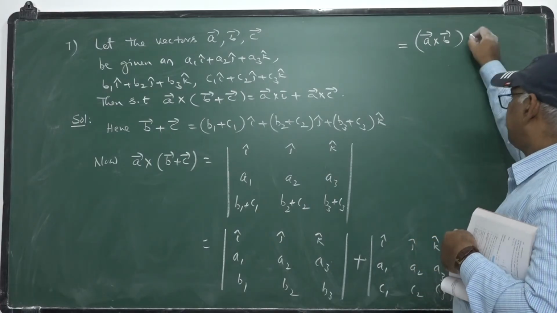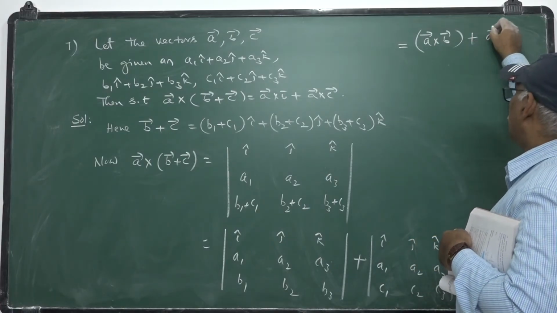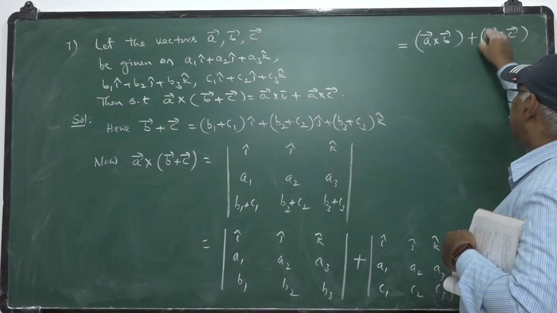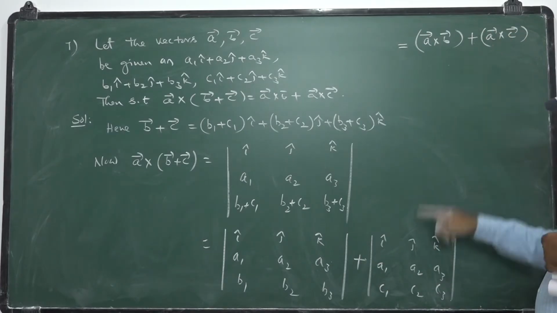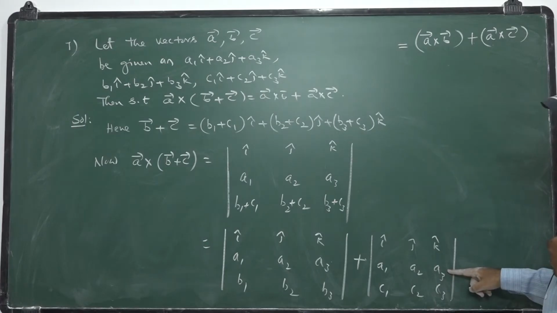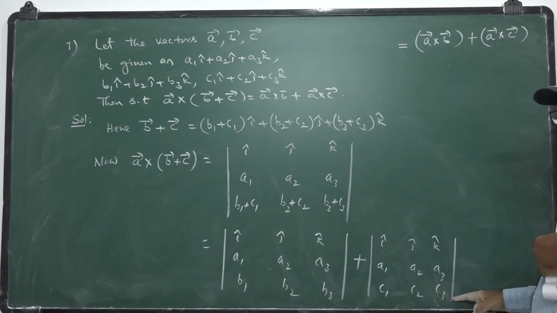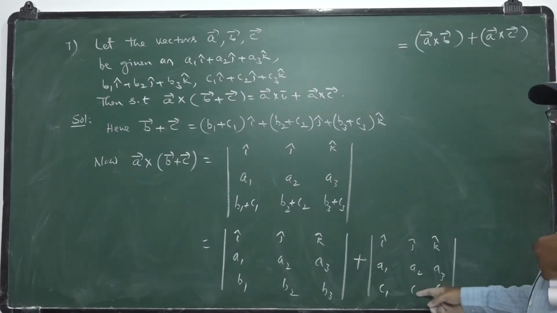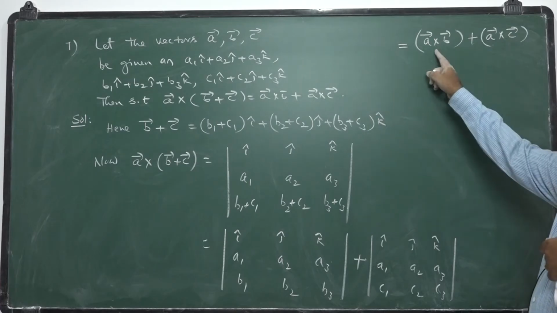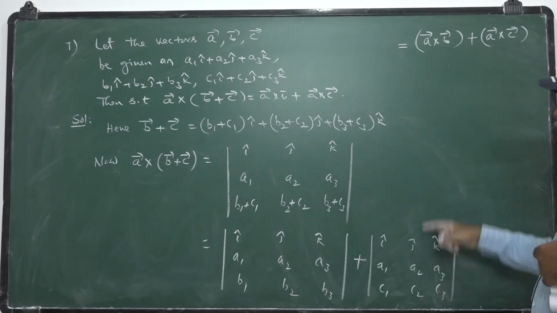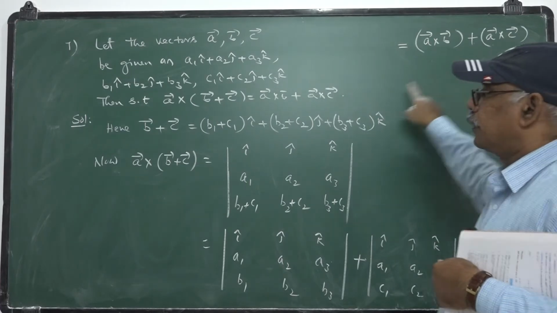Similarly here, plus A bar cross C bar itself. Because the pre-multiplier is A bar, because the second row is A1, A2, A3, and post-multiplier is C bar, because the third row in the determinant is C1, C2, C3. Hence, you can write this determinant as A bar cross C bar.